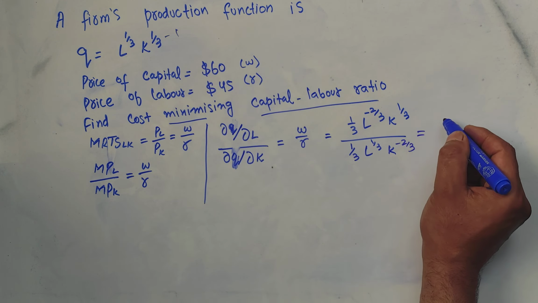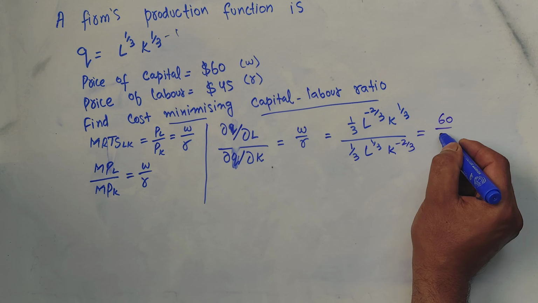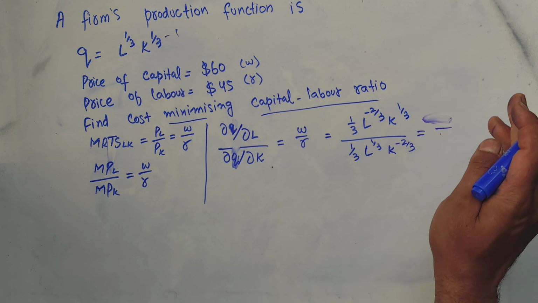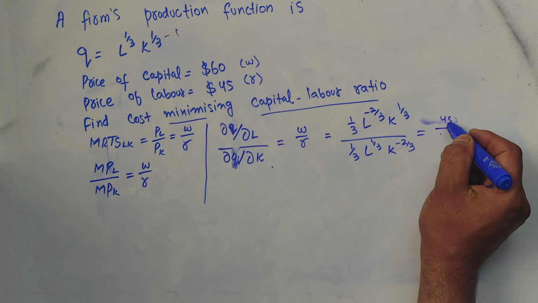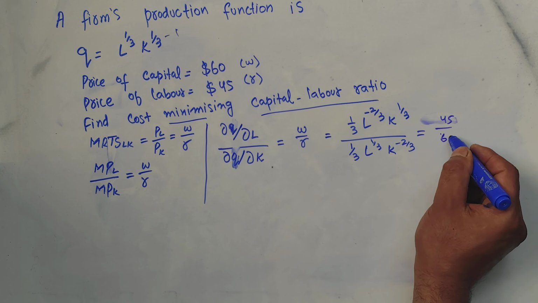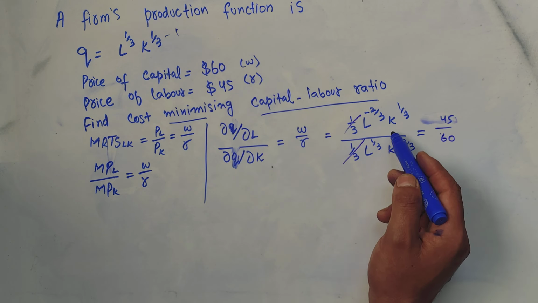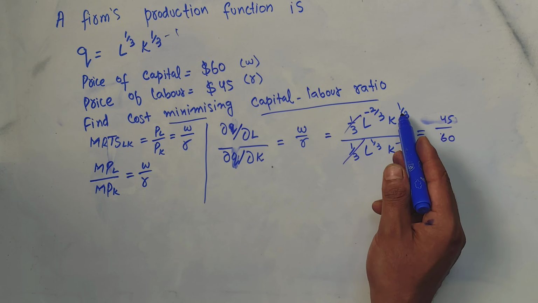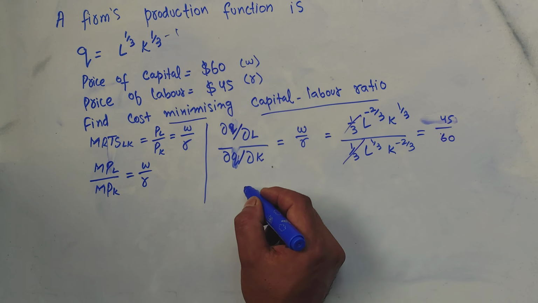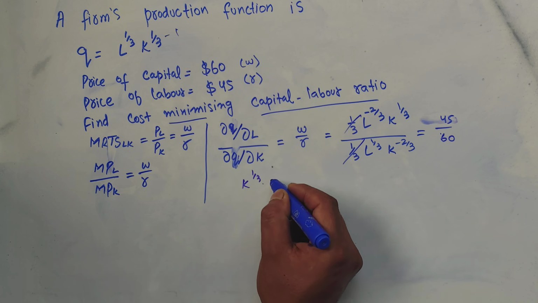So the wage rate is 45 here, and the rental rate of capital is 60. So 1/3 gets cancelled. Transpose this L here and this K to the numerator, so we will get K raised to the power 1/3 times K raised to the power plus 1/3.